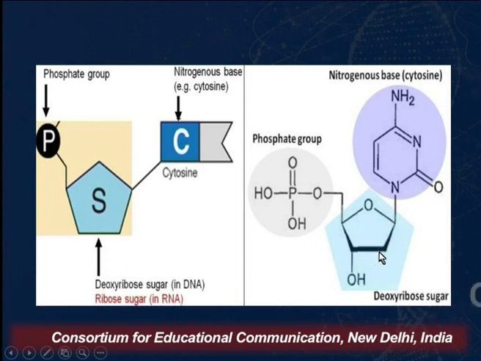Why is it deoxyribose sugar? Because in ribose sugar, please remember, we have an OH group here, whereas in this case an oxygen has been removed, and since oxygen is removed, this is deoxyribose sugar, and we have a phosphate group at the 5th carbon.